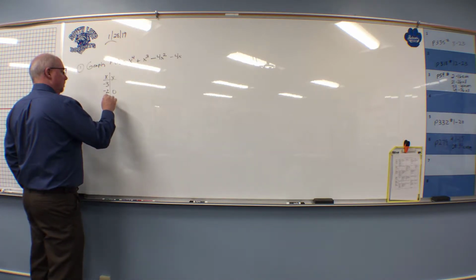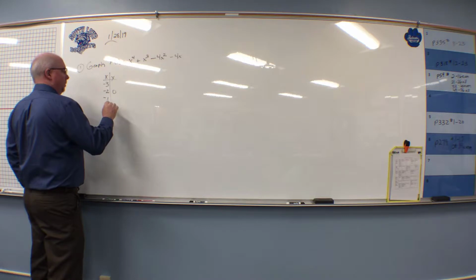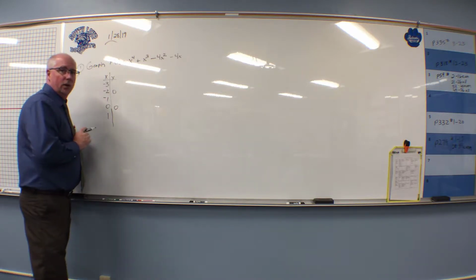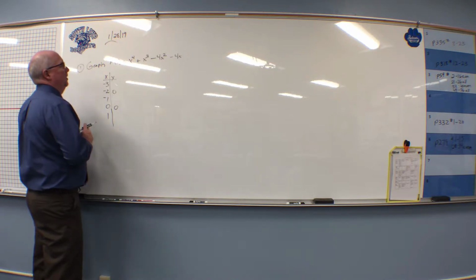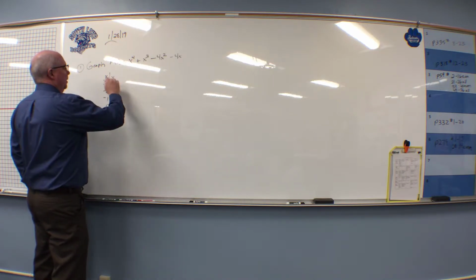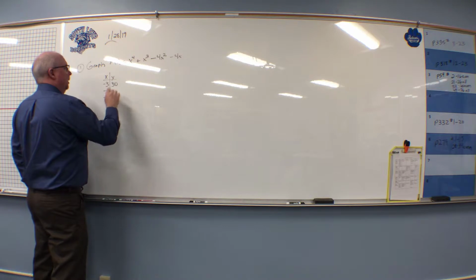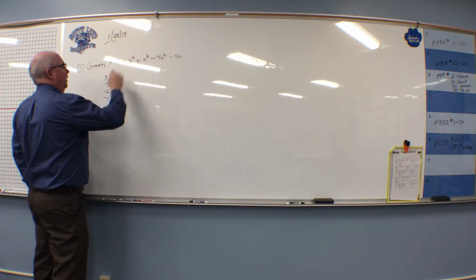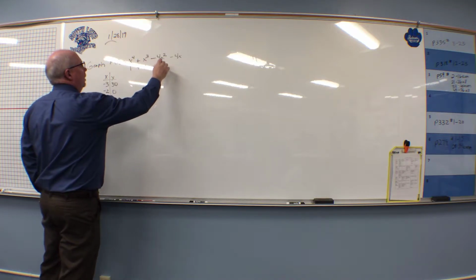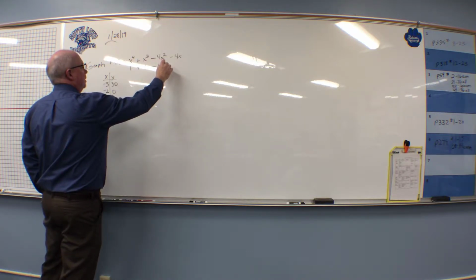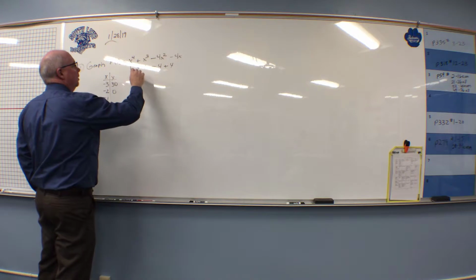Josh, you got 0. What about negative 1, Carson? 0. We can't all get a 0. I got 30. Well, good. Let's see here. Negative 1, we have 1 plus a negative 1, minus 4, plus 4. That's 0.